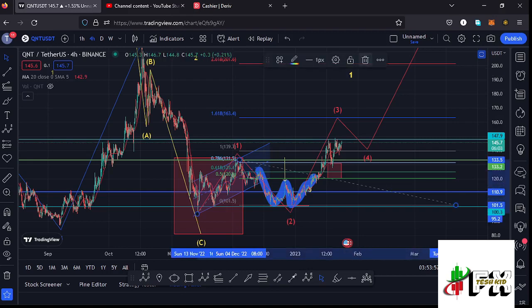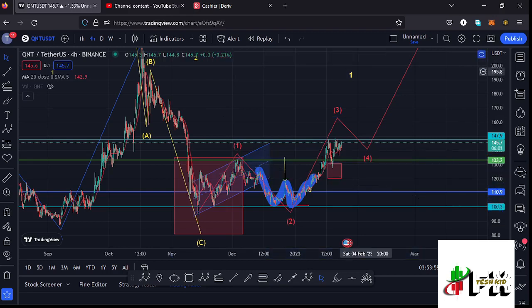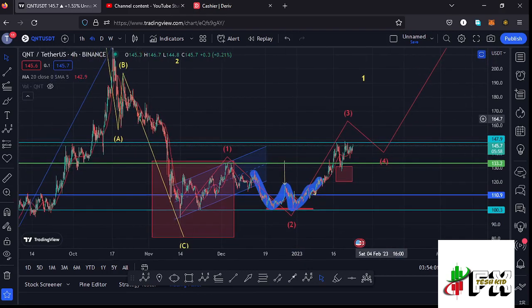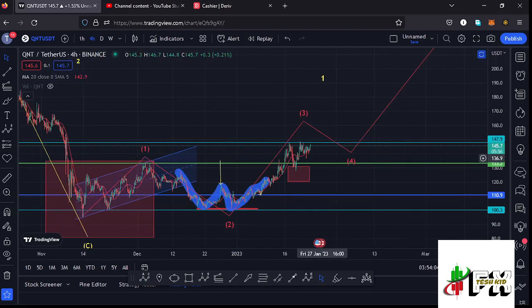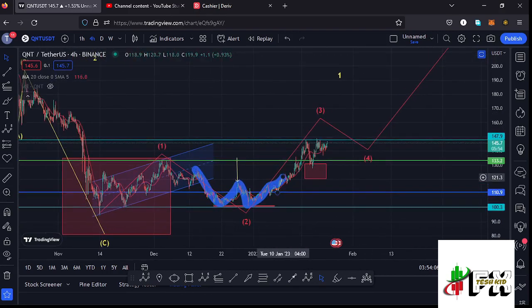And to give you reasons as to why I think we are still in the formation of this wave 3 and it's going to fully maximize that target area, you can see that Quant in the formation of this wave 3 we managed to break above a key area of resistance at around the $133.2 mark.